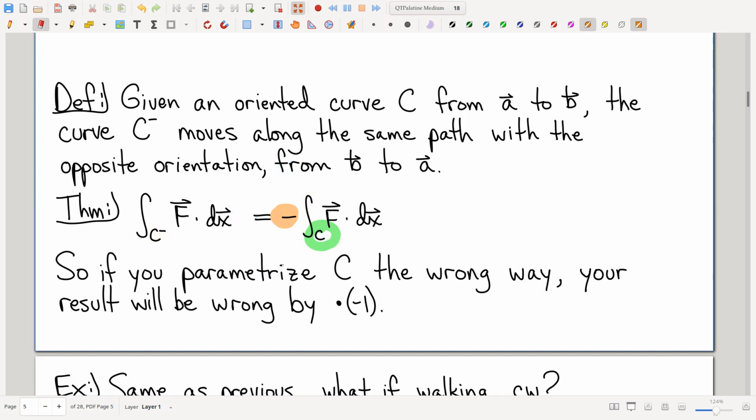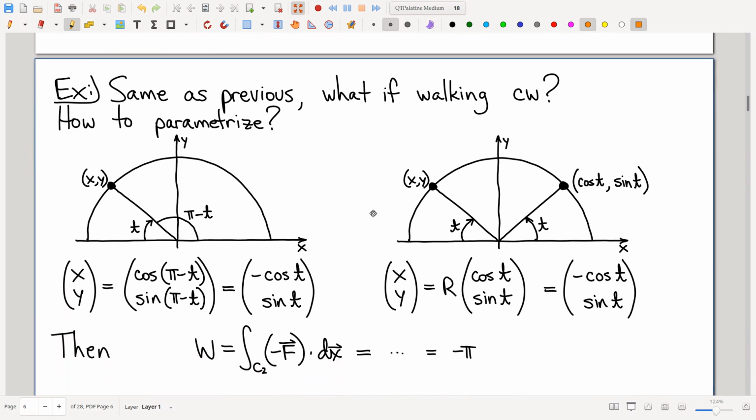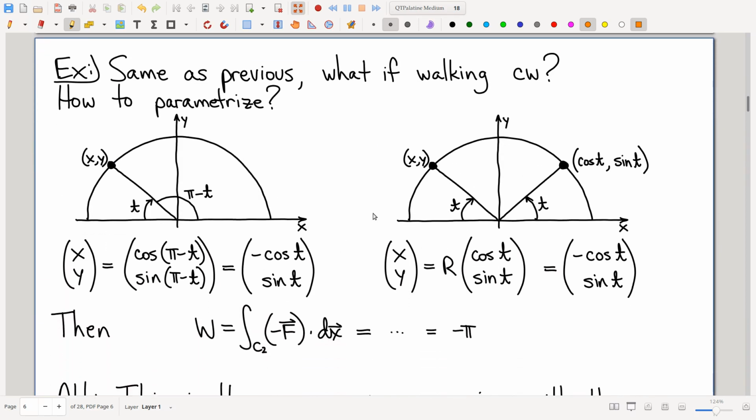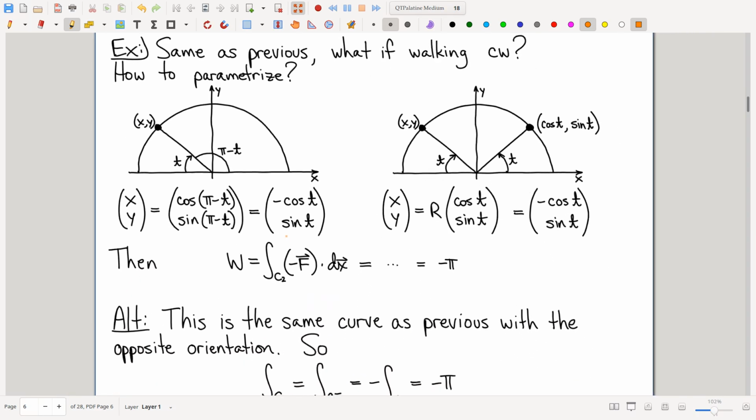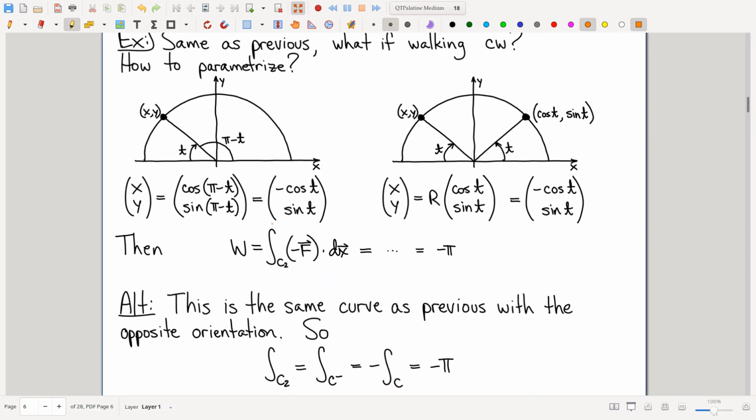I'm going to show you an example of this. I'm actually going to show you 4 examples. Let's do it like this. Suppose we want to look at the same top half of the unit circle.